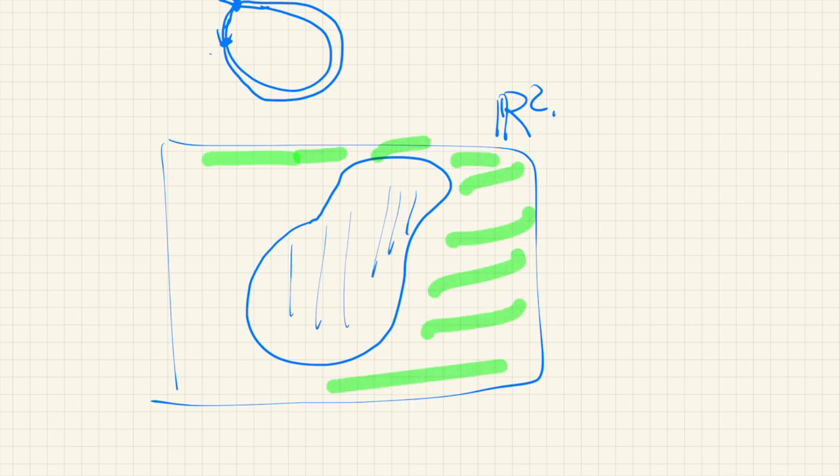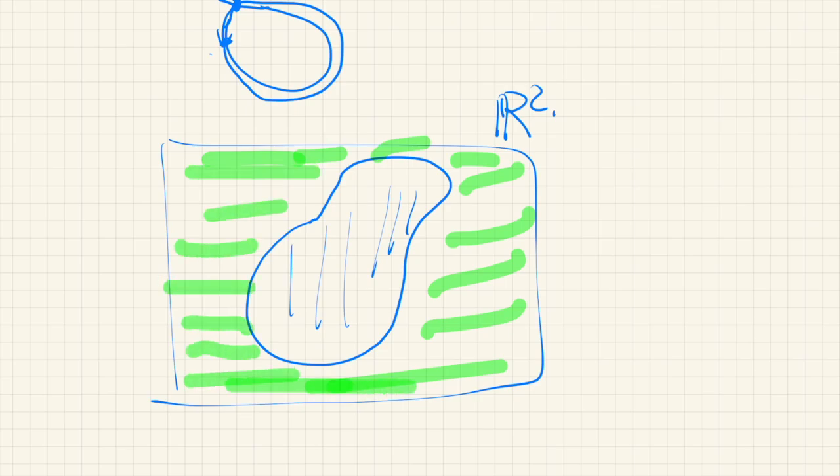This seems trivial, but it requires a proof. We don't give a proof, but we just accept it as a truth. This is called the Jordan curve theorem, and you may want to look up Wikipedia for that.